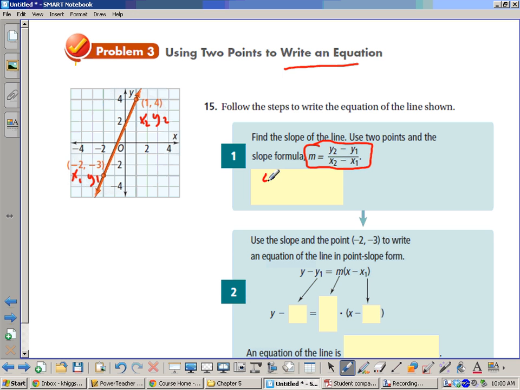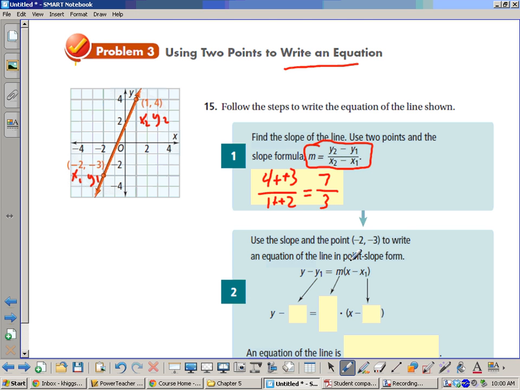So we're going to take 4 minus a -3 all over 1 minus a -2. So I was just substituting them in. So this is really 4 plus 3, which is going to be 7. And this is 1 plus 2, which is going to be 3. So our slope is 7/3.